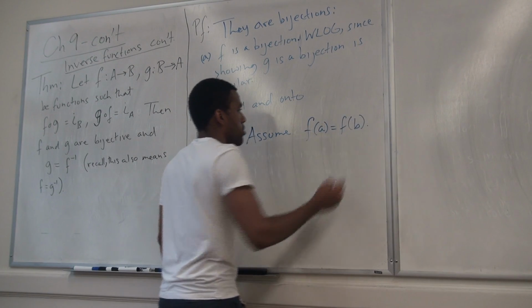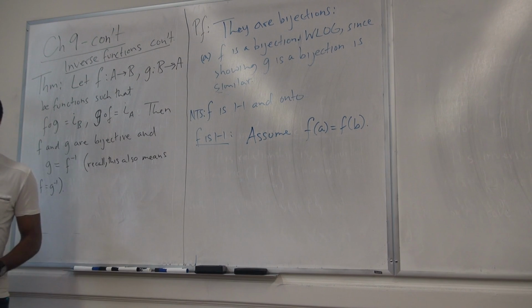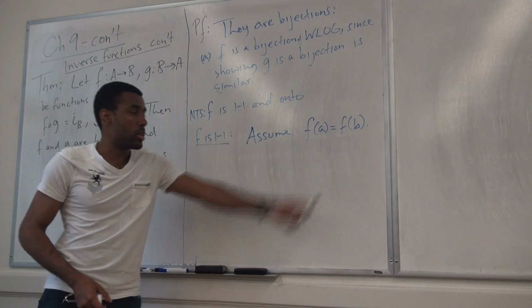Assume F of a equals F of b. I want to prove that a must be equal to b. How do we get that? F of a equals F of b.